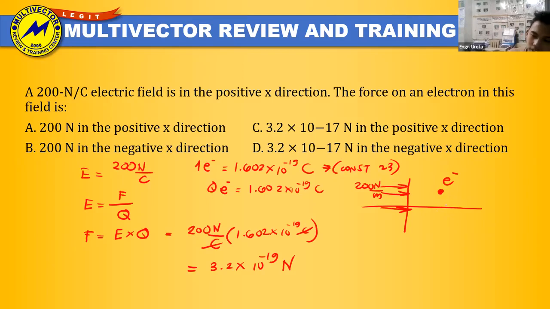Therefore, ang direction niya is into the negative x direction. Kaya ang tamang sagot dito, 3.2 times 10 raised to negative 19, negative 17 I mean, Newton at negative x direction. So letter D.